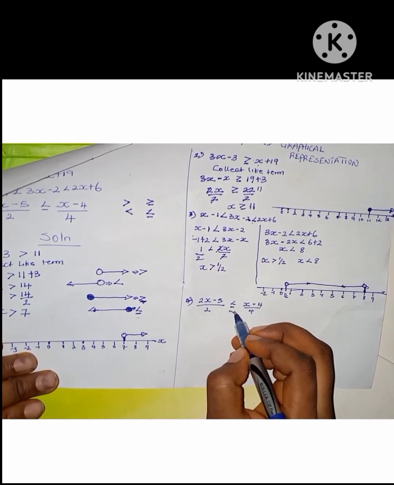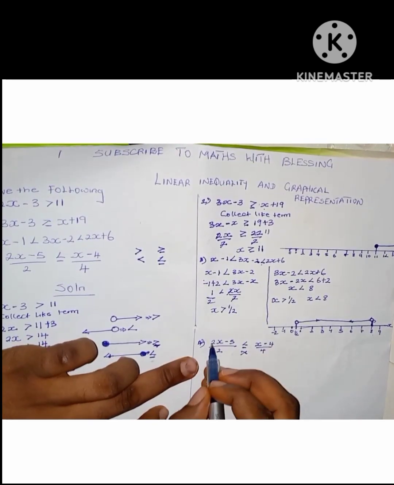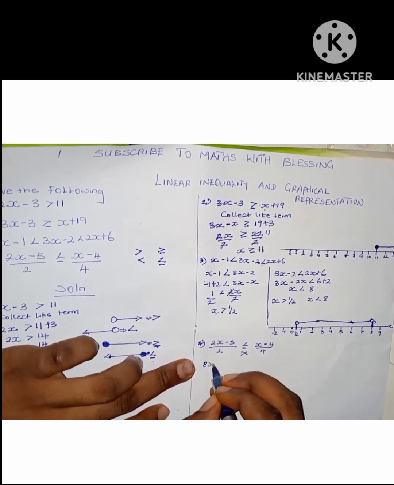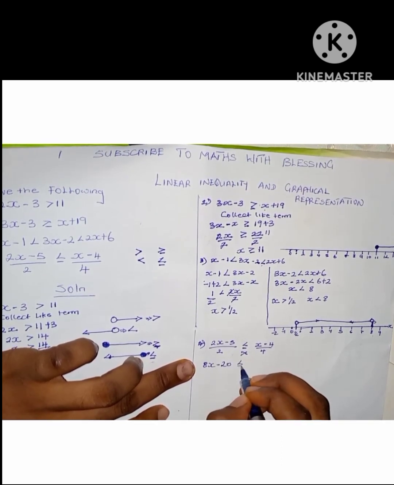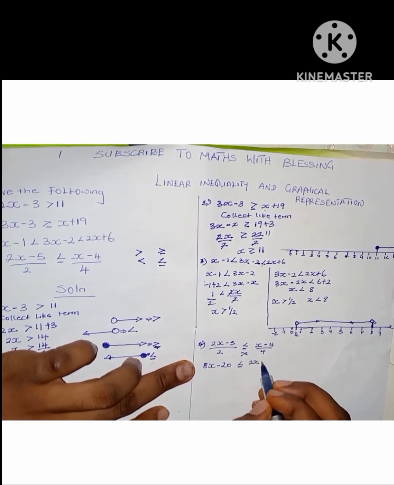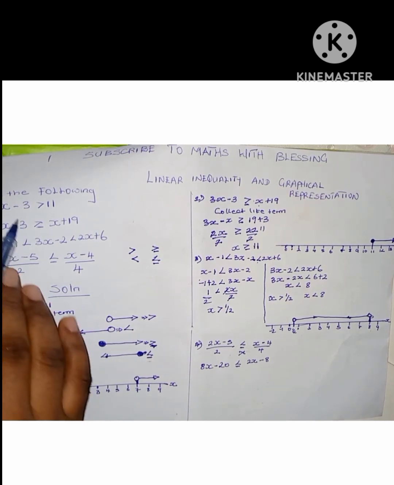So you do your cross and multiply, and when you do your cross and multiply, this will multiply this. 4 multiply 2x, you have 8x, minus 4 multiply 5, you have 20, less than or equal to 2. We multiply everything here, you have 2x minus 8. So it has come back to something like this.